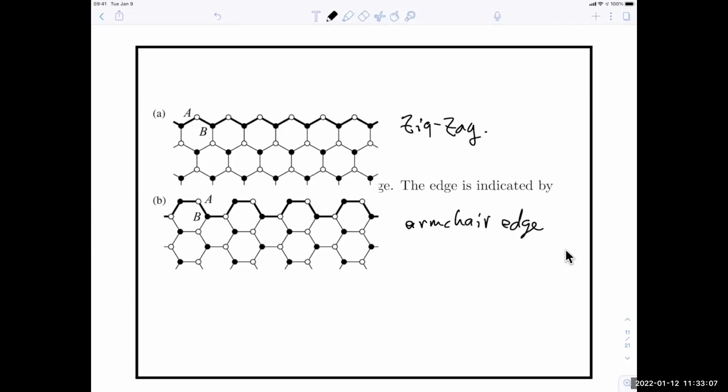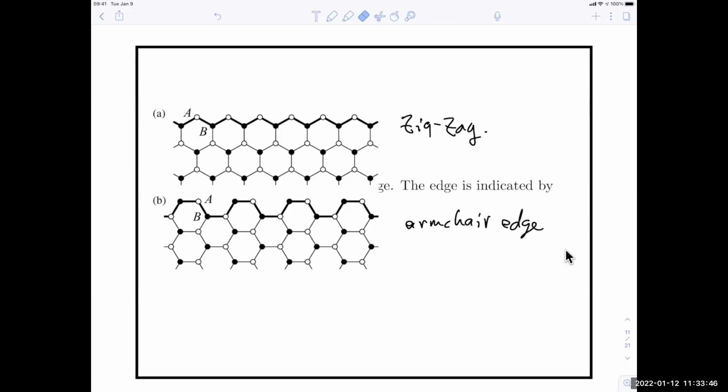And there are actually all kinds of other edges one can make. There are bearded edges and so on, things with the extra stuff hanging off of each of these. I'm not going to worry about those here so much. Some of them have been explored, for example, cutting graphene at a slightly different angle that still looks like a zigzag edge with a bigger period. I think those angles are discrete. That's been discussed, and its continuum limit has been discussed, and is something fairly widely known in the literature.